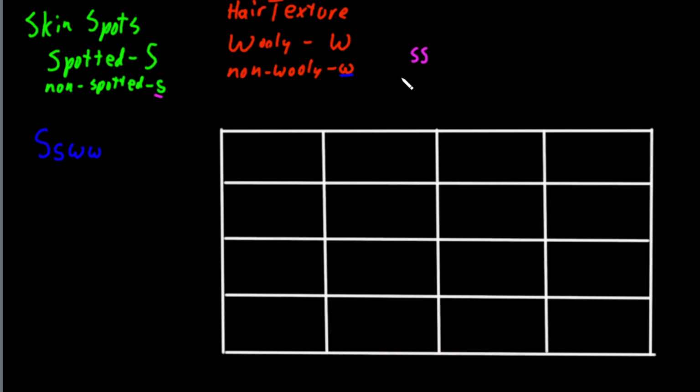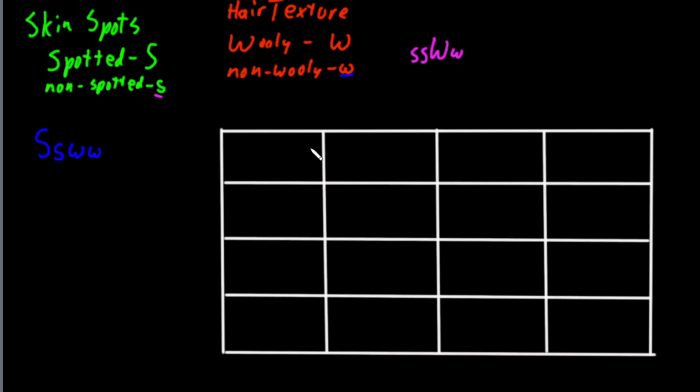Okay, so she's heterozygous for hair, which means big W, little w. Okay, we want to keep the letters in the same order, and we want to group them together. And if we have a capital, we always want to put that one first.